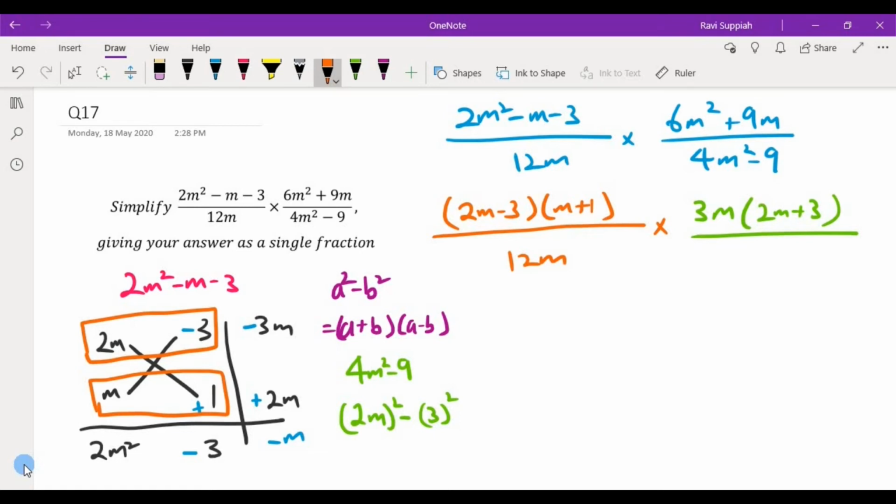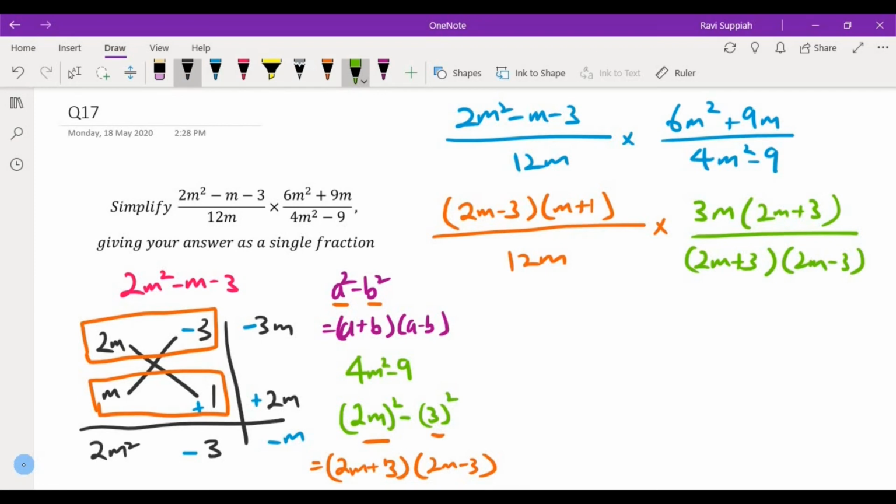Now when I write it this way, you can see that this directly maps to a squared minus b squared, where a is 2m and b is 3. So I can rewrite 4m squared minus 9 as 2m plus 3, which is a plus b, and 2m minus 3, which is a minus b. Now let's write the expression over here: 2m plus 3 and 2m minus 3.